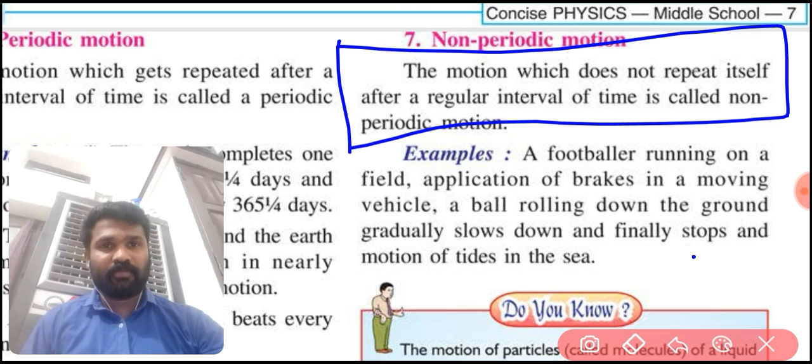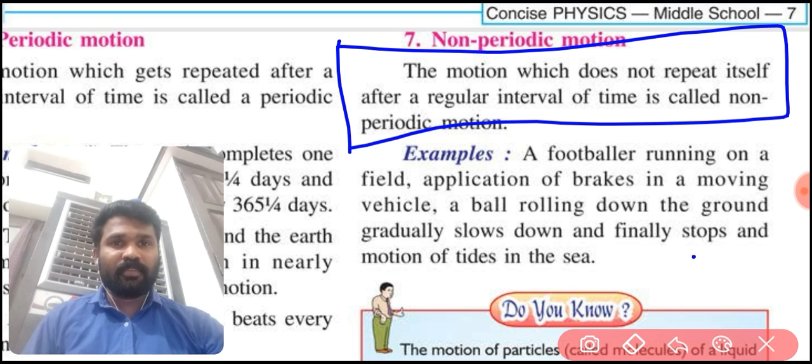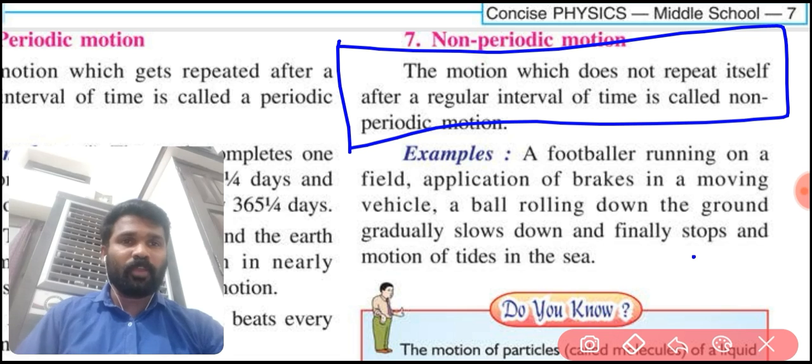Maybe you are riding a bicycle. Is there any particular time to apply the brake? No. So it is also a good example of non-periodic motion.